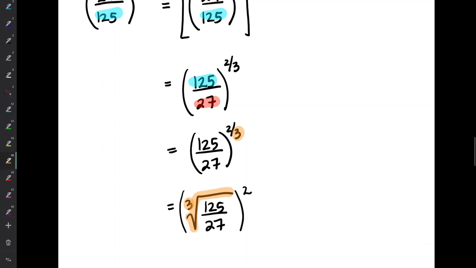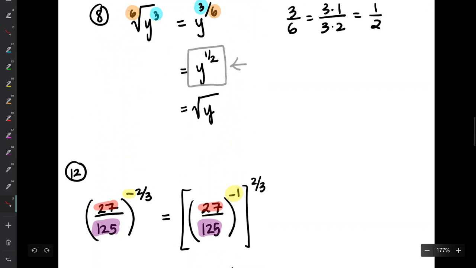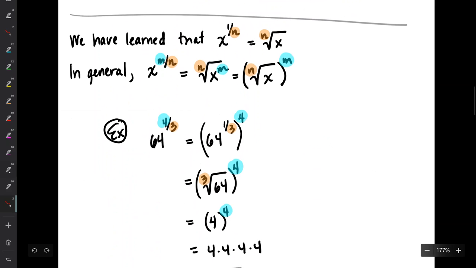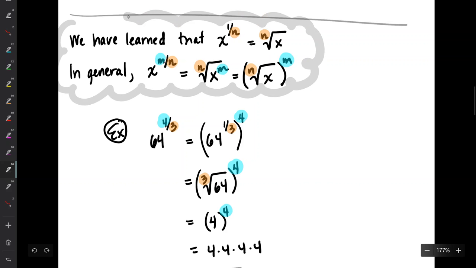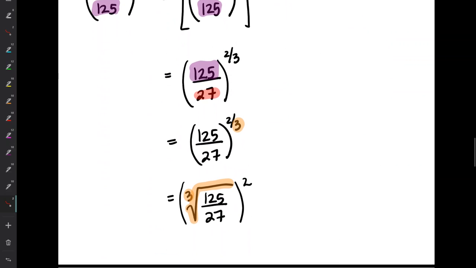perfect cubes. All right, I just noticed that I was using blue when we talked about in general this result, that in general x to the m over n is the nth root of x to the m. I'd like to use the blue here for the numerator as well. I think that'll help some of us.